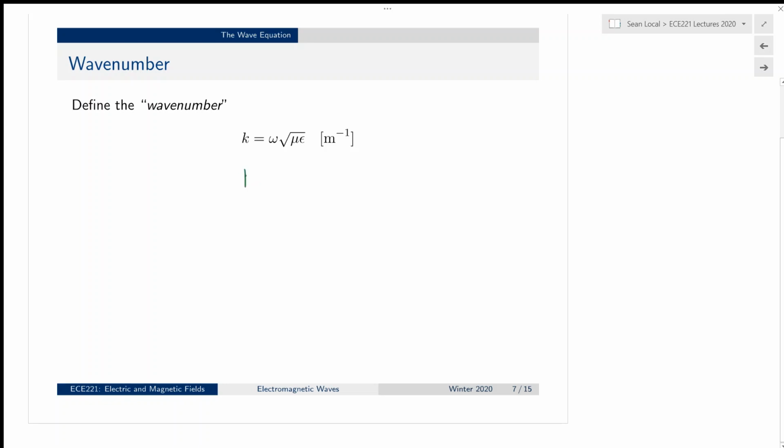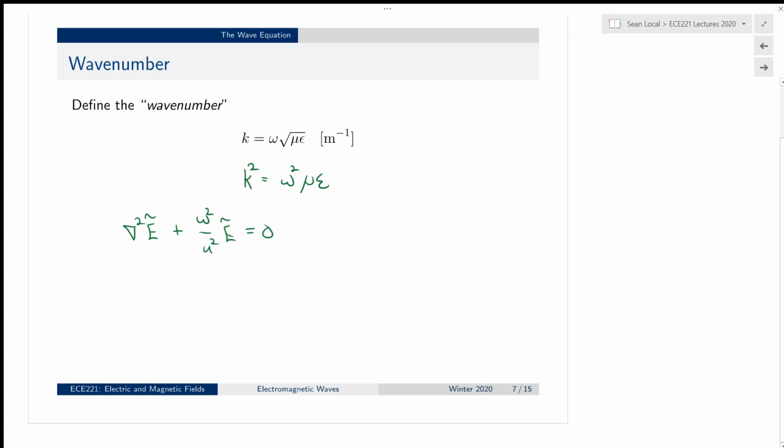So if we square this, this is equal to omega squared times mu epsilon. So if we take our previous wave equation, let's say we write down the one for time harmonic E, we had plus omega squared over u squared times E tilde equals 0.